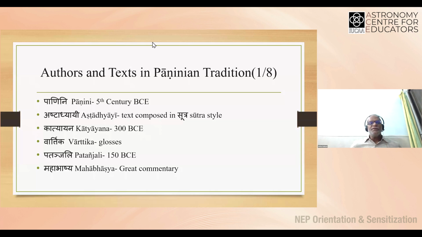So Katyayana does not hesitate in making remarks that such sutras are not needed, and therefore those elements in the sutras, or sometimes even the entire sutras, become redundant, and therefore they should be refuted. And some scholars later on also think that they should be removed from the text of the Ashtadhyayi. However, the overall tradition, general tradition, does not think of removing such refuted sutras in the Ashtadhyayi. We note it down only as a reminder of the historical overview of the grammarians.